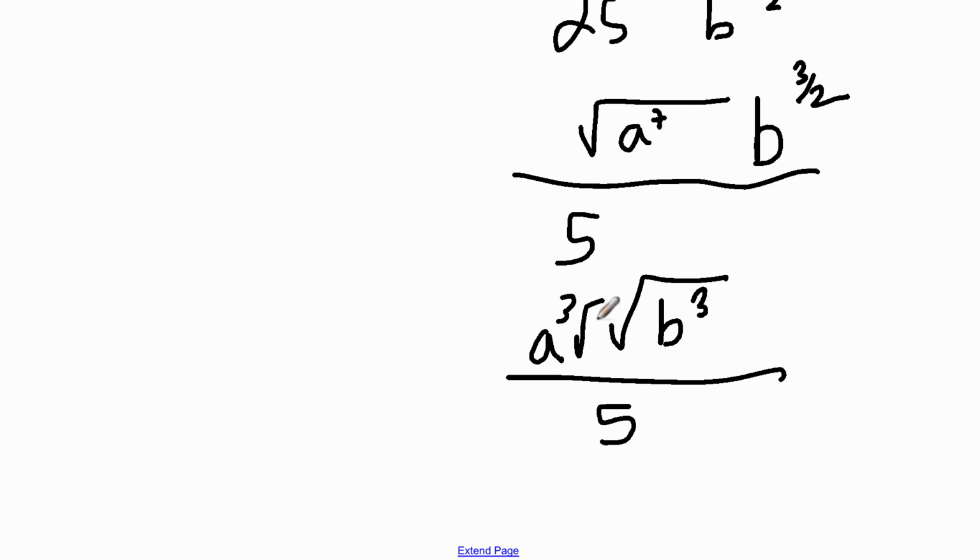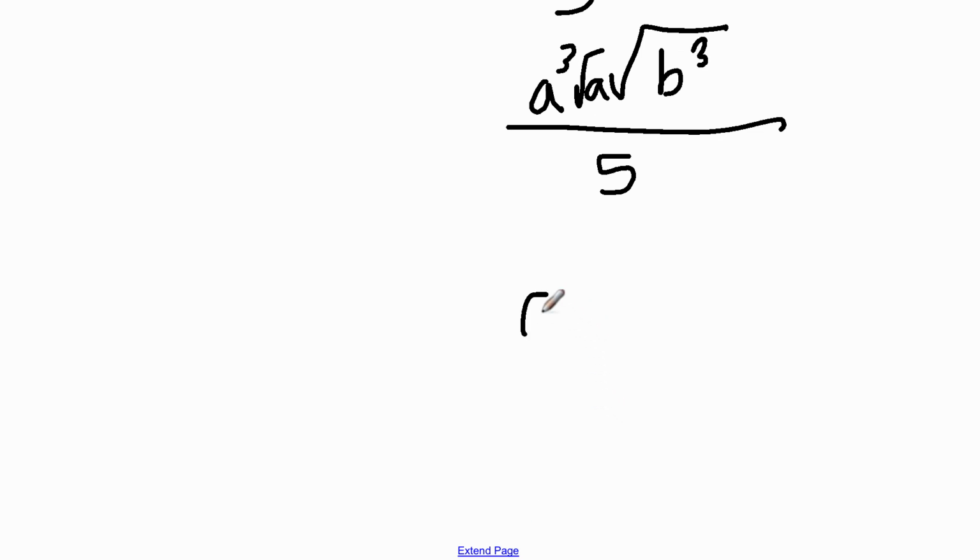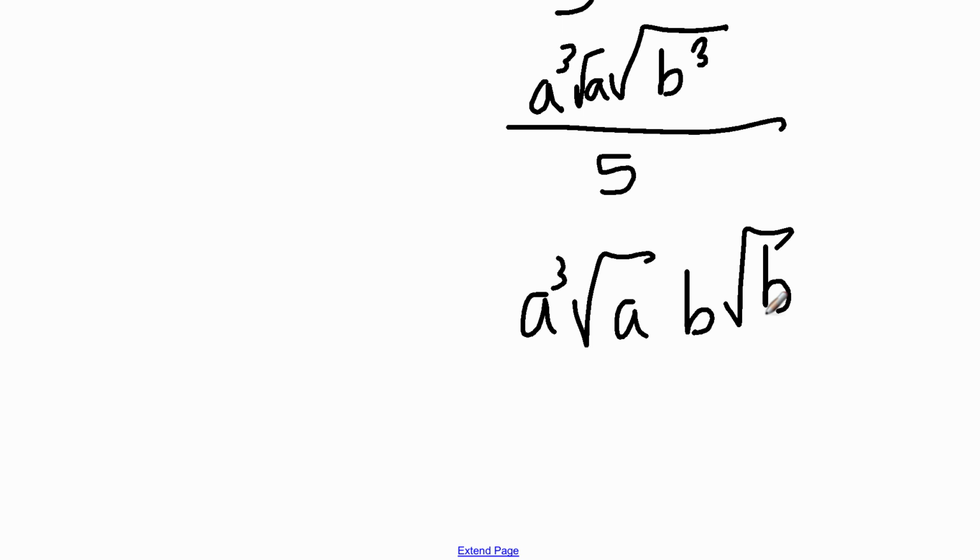So there still has to be a square root of a there. Now, square root of b cubed, I could simplify that one too. This is square root, so if there's 2 in, I can bring 1 out. So I could bring 1 b out, and I'd be left with 1 b inside, all over 5.